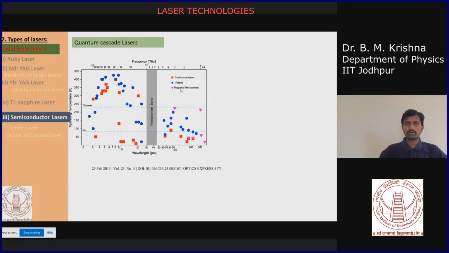That means we require good sources in the terahertz region, because terahertz is a band within your electronics and photonics. Photonics is your light and electronics is your electron devices mainly, right? So the limitation of electronics can be overcome with photonics.